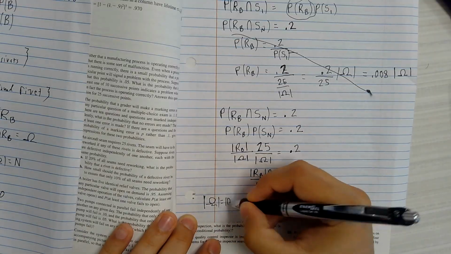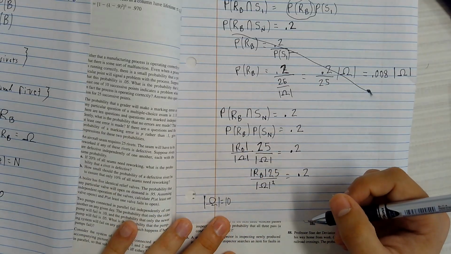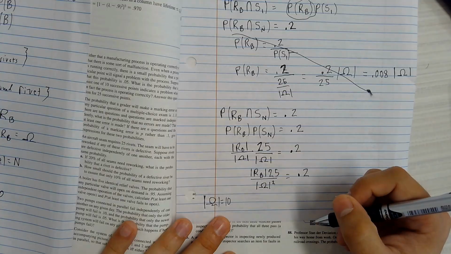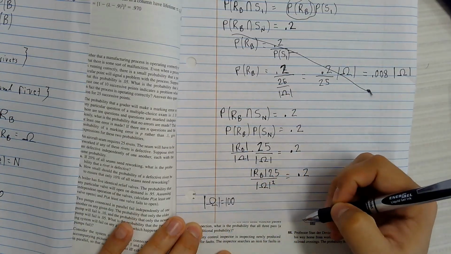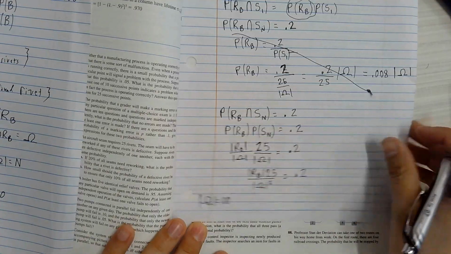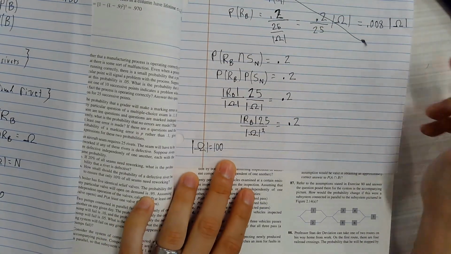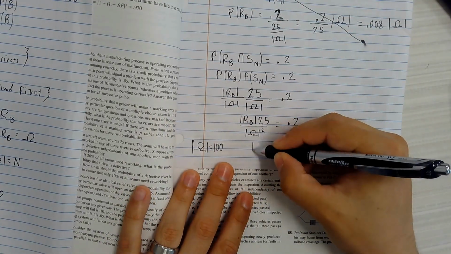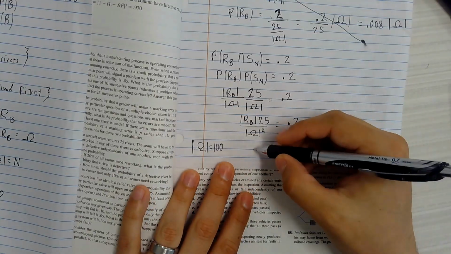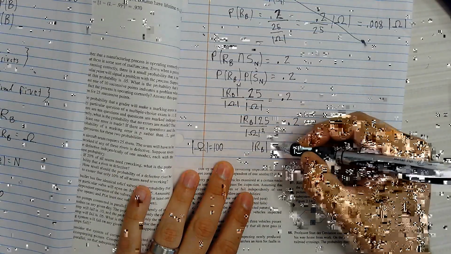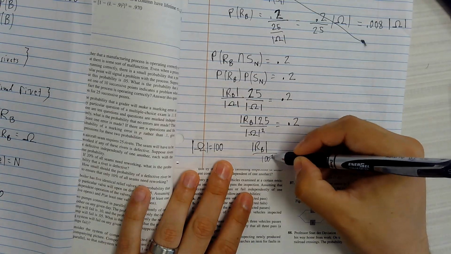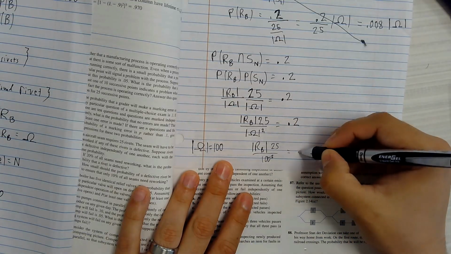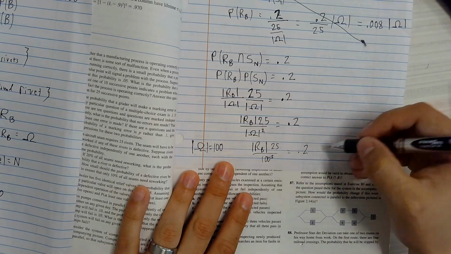Let's say we made a total of 10 rivets. No, let's do 100. All right, let's say I made 100. Then, according to this formula that we seem to be running on, the number of bad would be 100 squared over 25 equals 0.2.